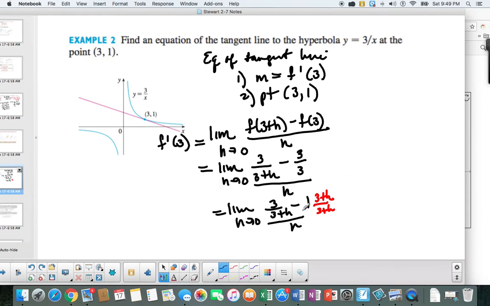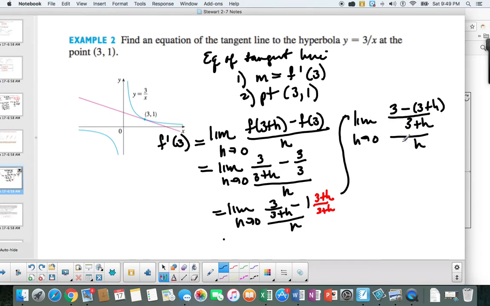So I get the limit as h approaches 0 of 3 take away the quantity 3 plus h, all over 3 plus h, all over h.